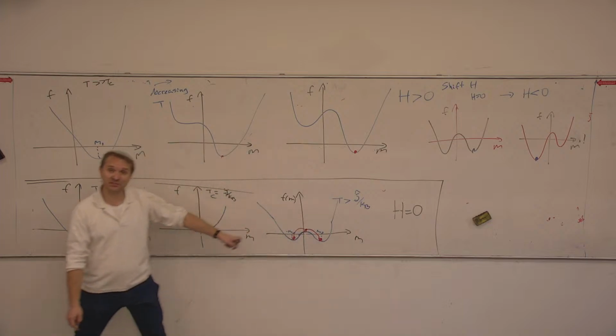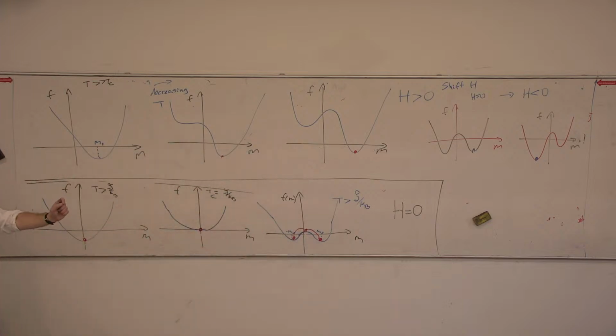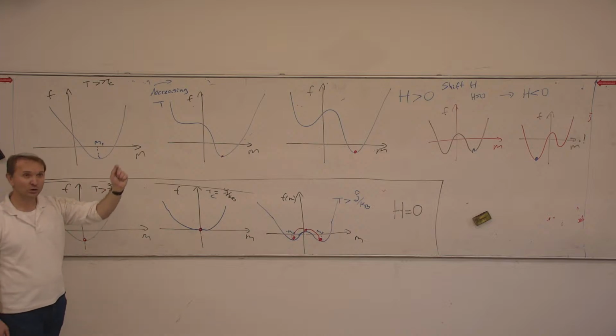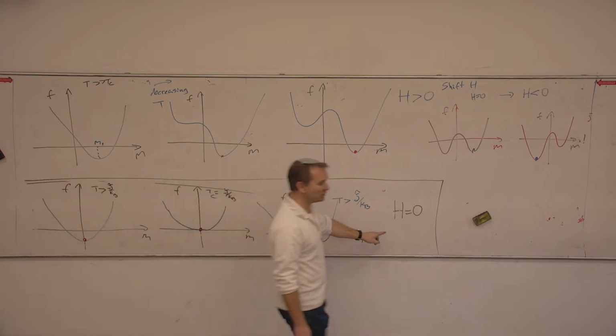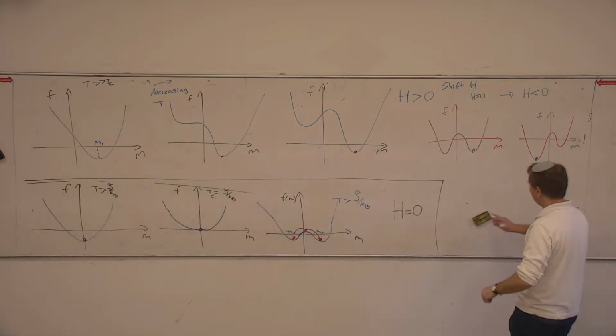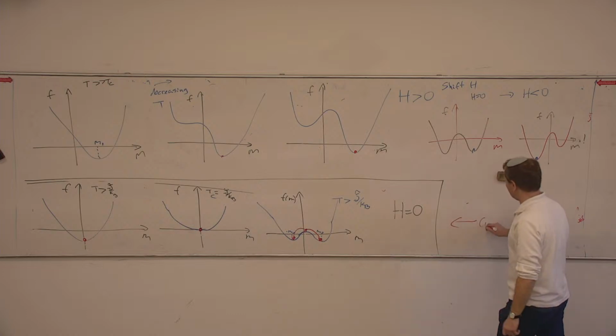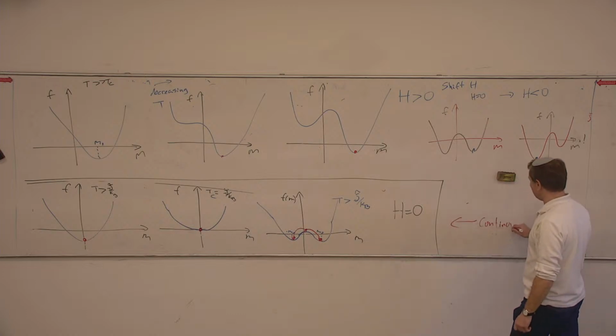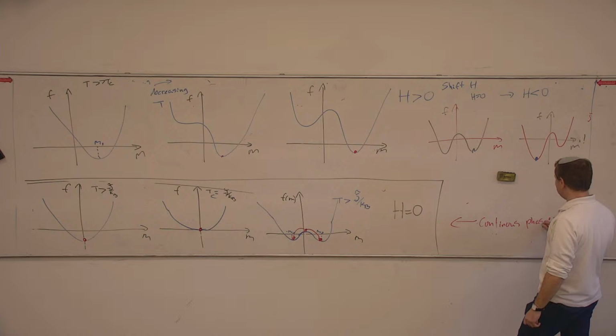Okay? This is a phase transition. And in this phase transition, my magnetic moment continuously shifted from 0 to a non-zero solution. So this is a continuous phase transition.